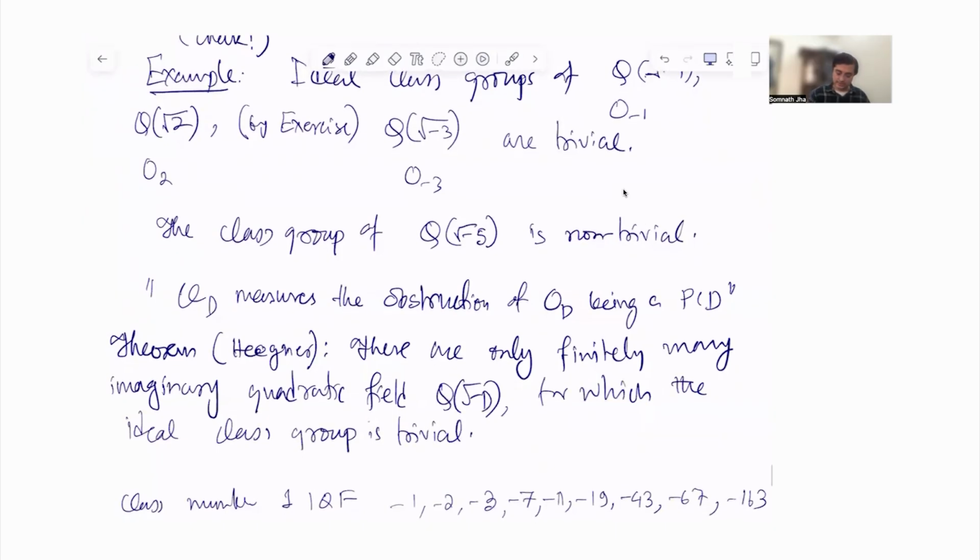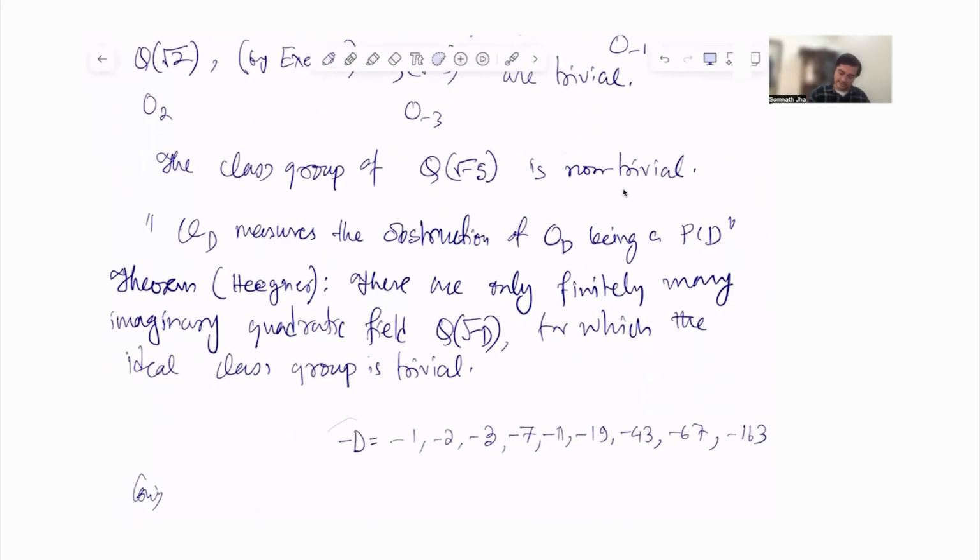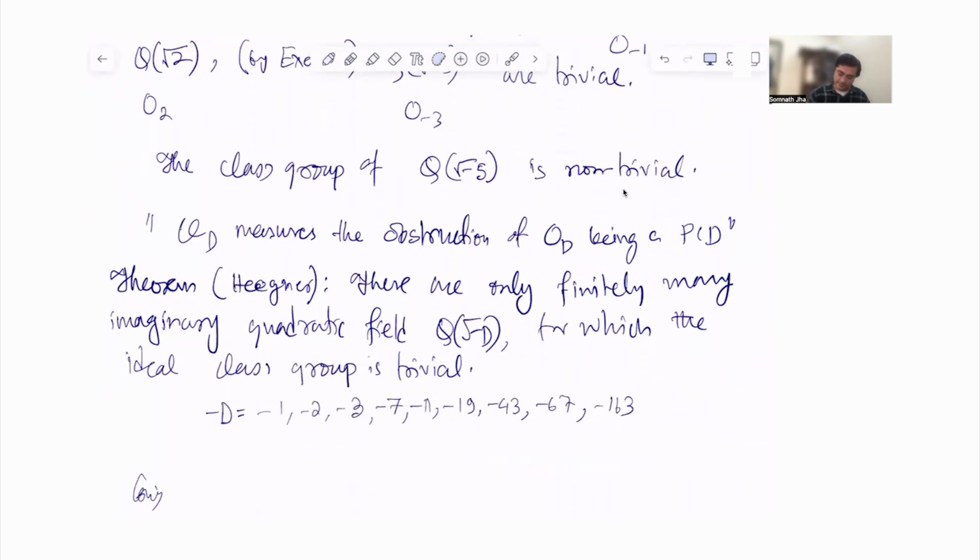So for example, a complete list is given by minus d equal to, in fact, there are only 9, and the list is given by this.